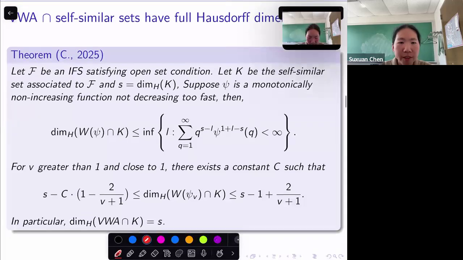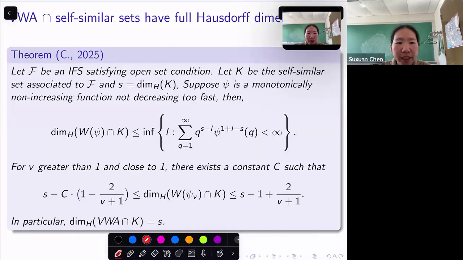And specifically, if we take this psi to be psi v, then we can compute this infimum. This infimum is S minus 1 plus 2 over V plus 1, which matches the conjectured value of Bugeaud and Durand.